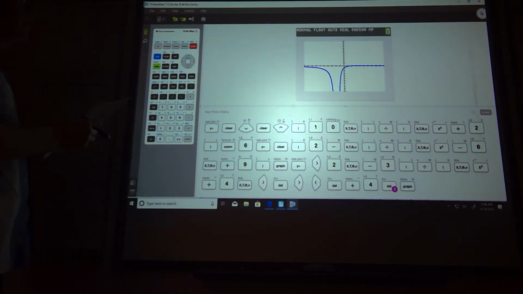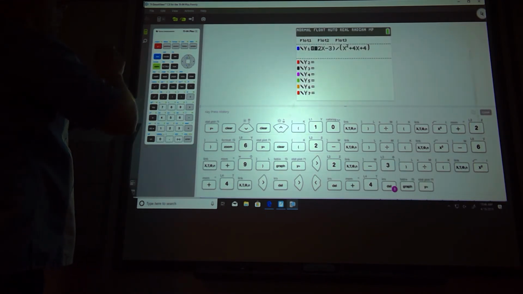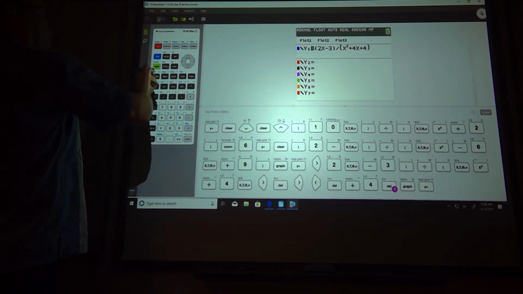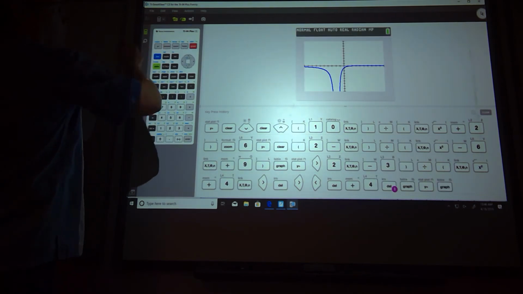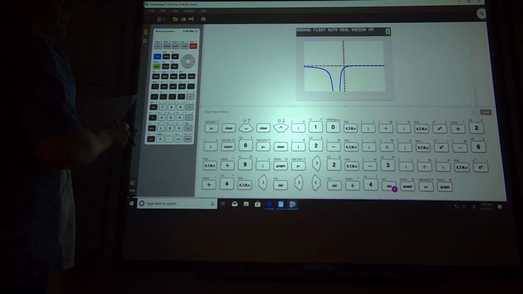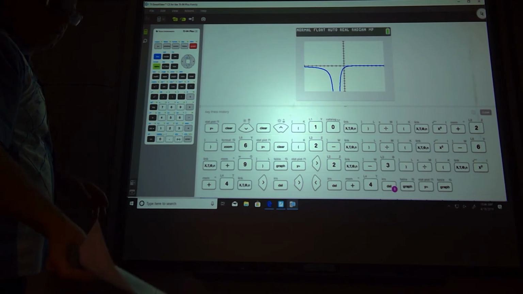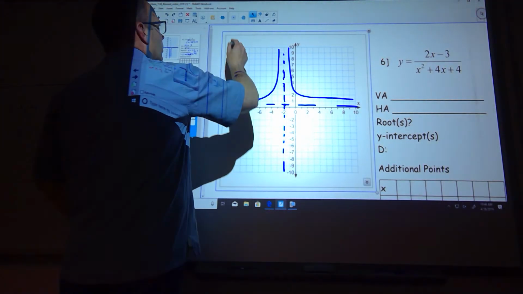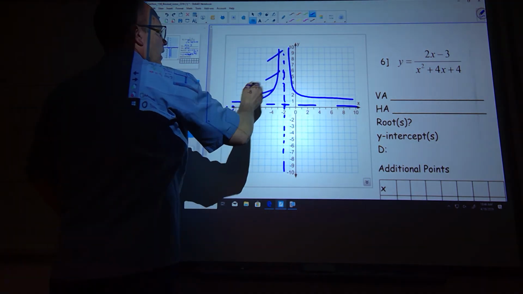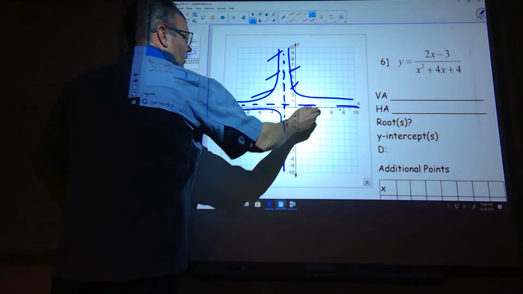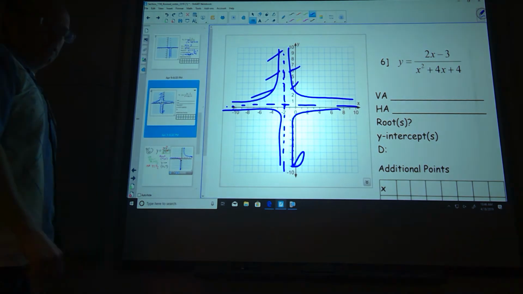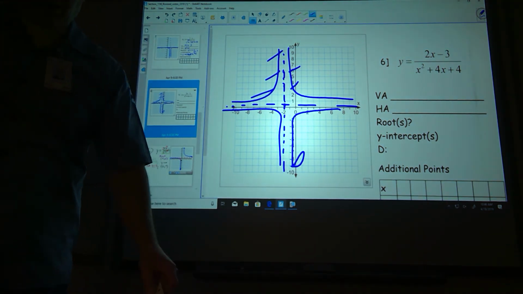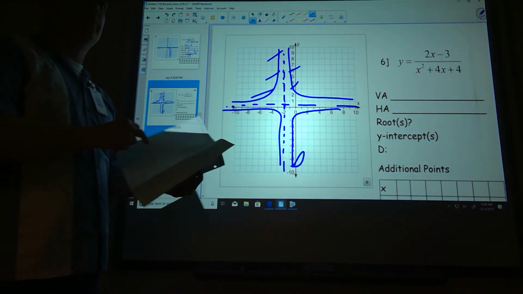Graph. Dude, it's still upside down. It's on the other side of the y-axis, though. I'm glad that I record everything, because obviously everything I do is incorrect. This is not like that. This is like that. So it just changes the place.